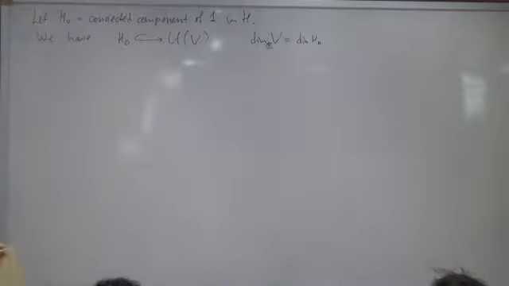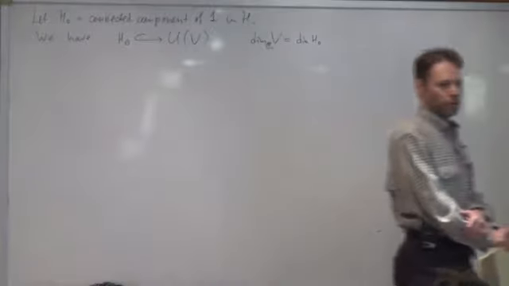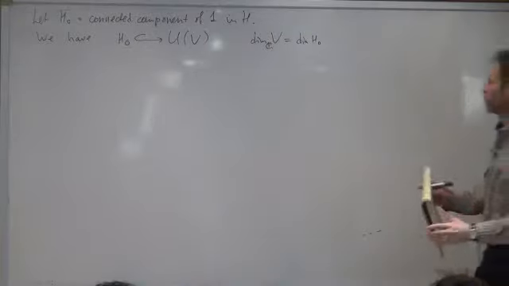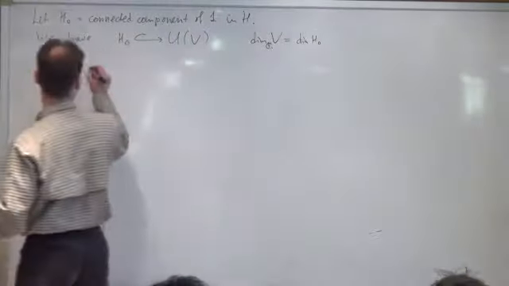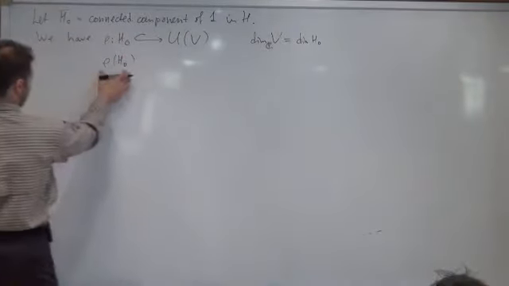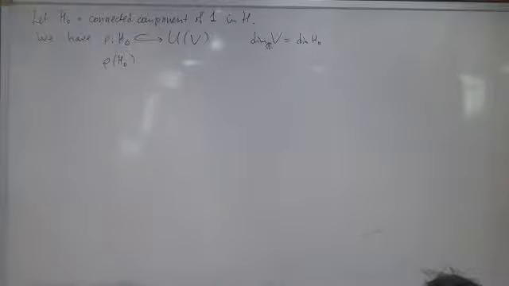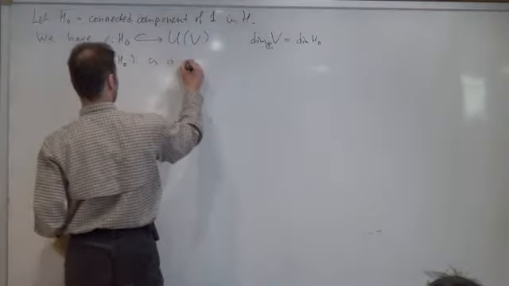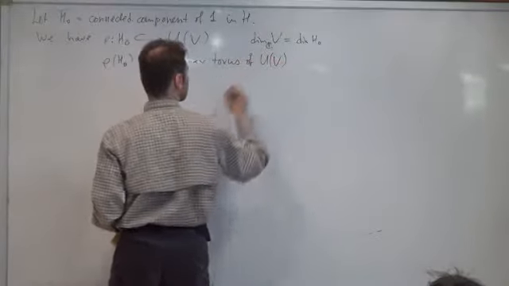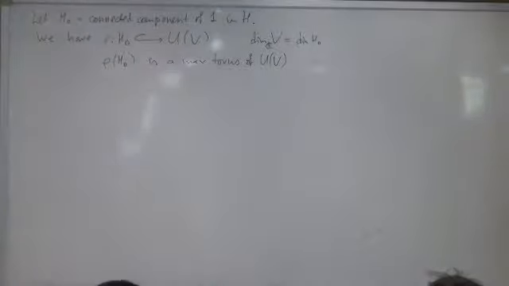Now we try to remember how big the maximal torus is inside the unitary group. If you pick a basis, the torus is just the diagonal matrices, and that's real dimension n. So rho of H naught, well, this is an abelian group, is a maximal torus by dimension count.